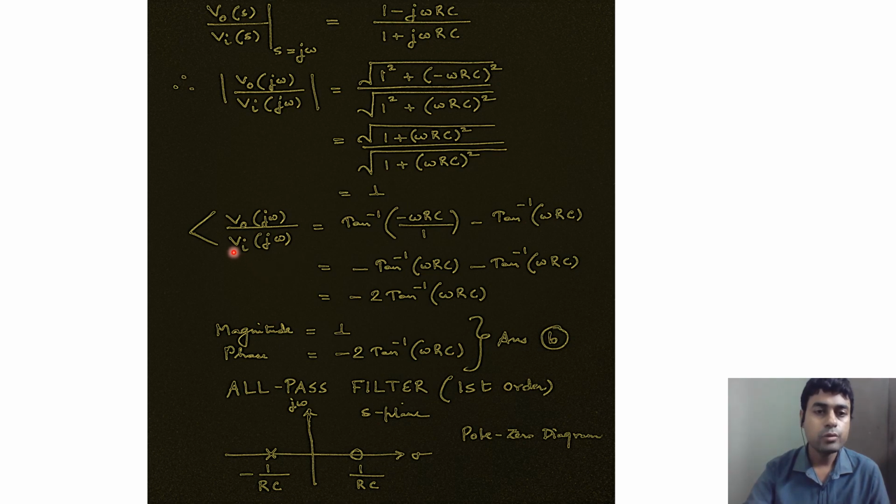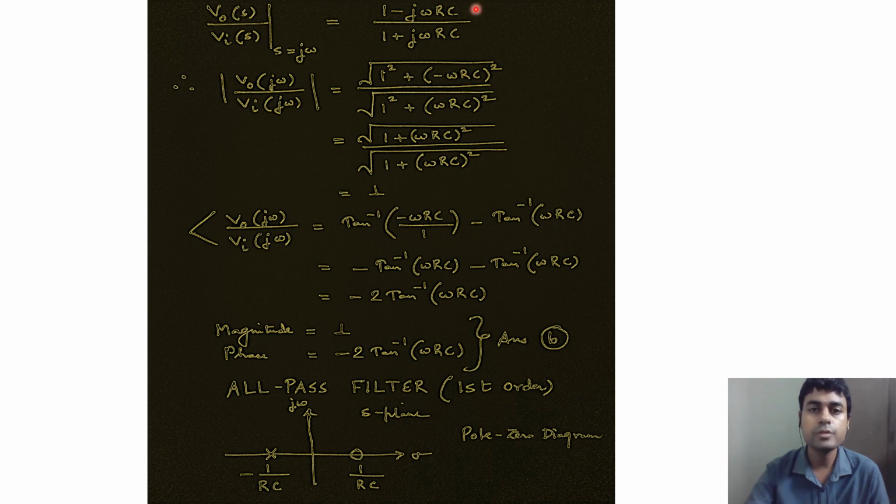Secondly, if we want to go for the phase value, then the phase will be given by tan inverse of negative of omega RC by 1, minus tan inverse of omega RC divided by 1. So this is a simple rule that again comes from the complex variables where you have a ratio, let's say, of a plus jb by c plus jd.